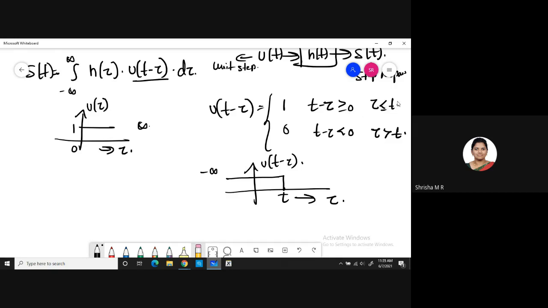So what is the meaning of this? It will exist till t, so from minus infinity to t.